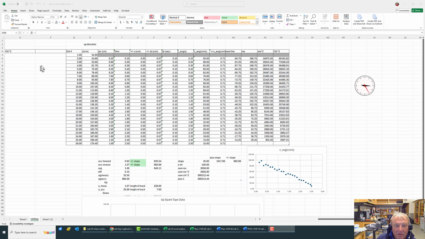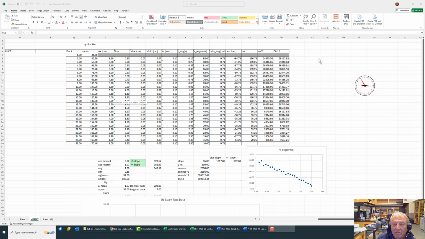So, dot numbered positions, delta x, and then our delta t, the t average, the center of the bin, and then we have the v average, delta x over delta t, and then I graphed them, and it's got a negative slope, which is not what we want.